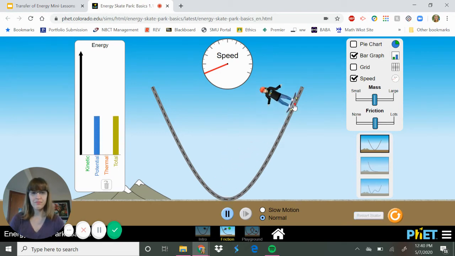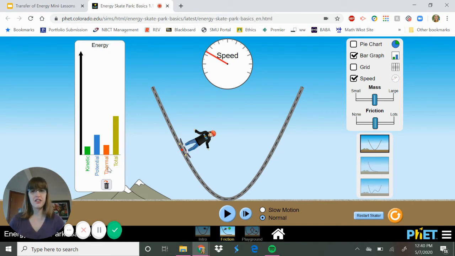Resetting it, the same applies, that I can pause this at any point, and if I could add these 3 bars up, they would equal the same total amount of energy. That's transformation of energy, that we have a certain amount, it just sometimes is in different forms.